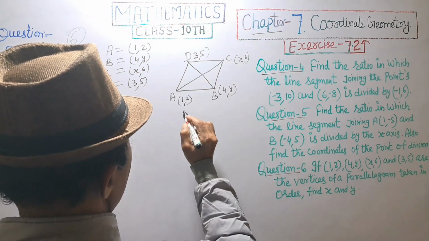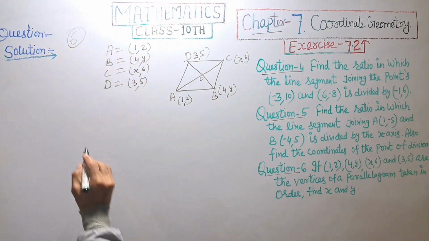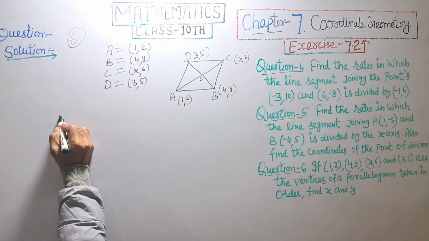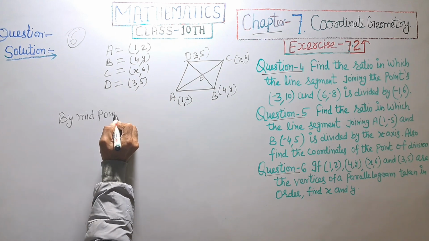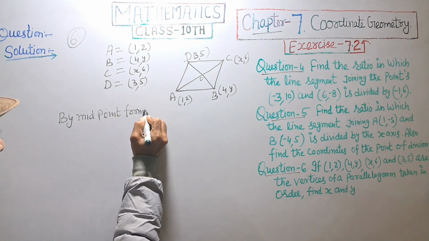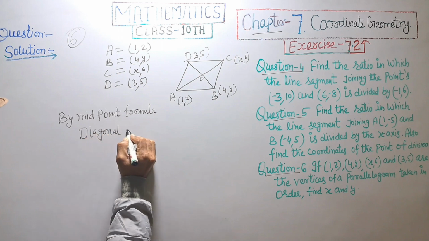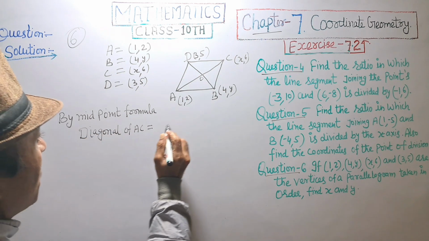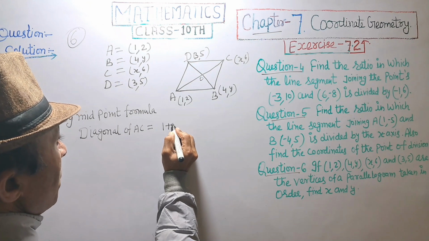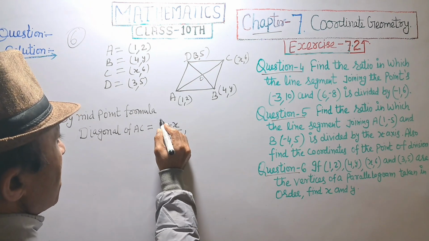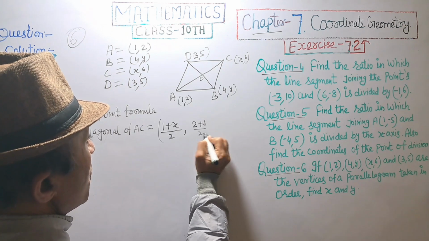And its diagonals intersect at O. So by the midpoint formula, the diagonal AC is equal to x1 plus x2 upon 2, that is 1 plus x divided by 2, and y1 plus y2 upon 2, that is 2 plus 6 upon 2.